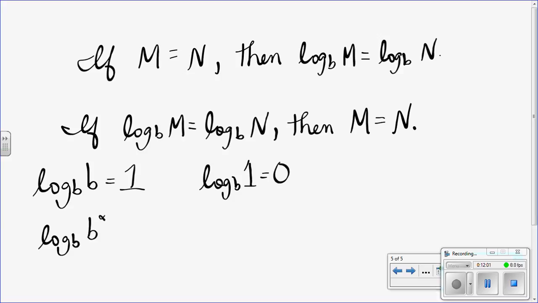Log base b of b to the x equals x. All of this, which is 1, just goes away. And b to the log base b.